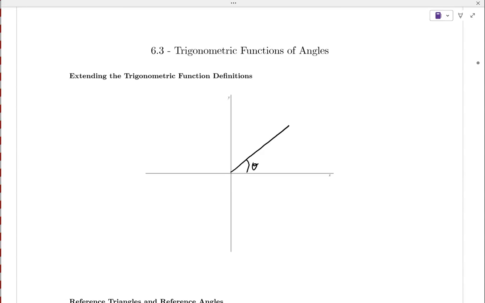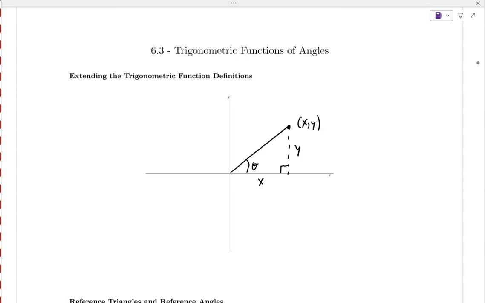So one way we could figure out the trig functions on that is make a perpendicular line, come down to the x-axis, and make a right triangle, right? We agree? Okay. So if this side were of length, say, x, and this side were of length, say, y, and the reason why I'm using x and y here is because I could think of the coordinates of this point being x and y. Then x is my horizontal distance, my y is my vertical distance, right?